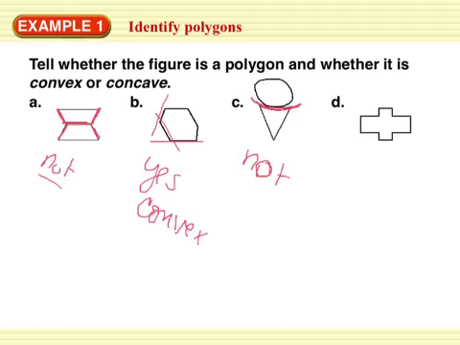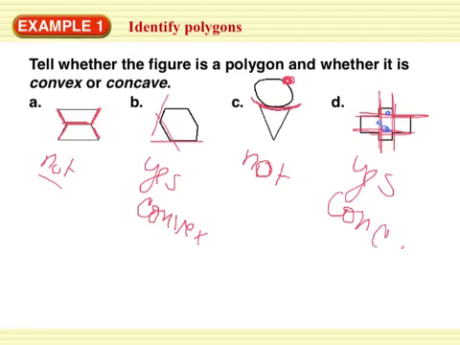It would be a very nice ice cream cone, though. D. Remember, I can draw lines on any of these segments. And I've gotten a point on the inside of my polygon. So it is a polygon, but it is concave.